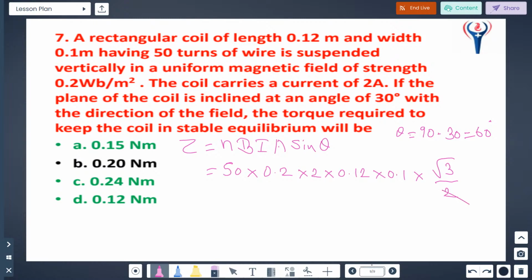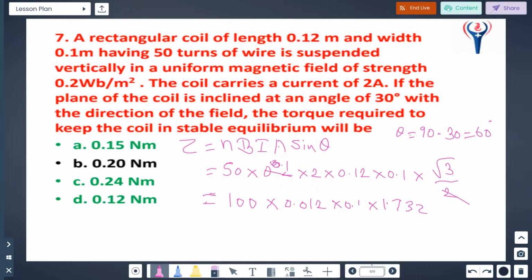Then this 2 and this get cancelled. 50 into 2 is 100, into 0.1, into 0.12 into 0.1, and root 3 is 1.732.